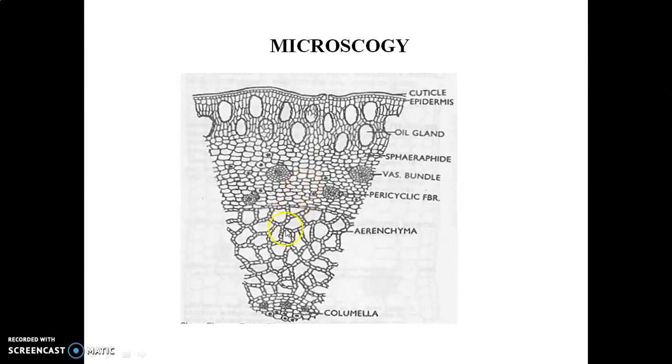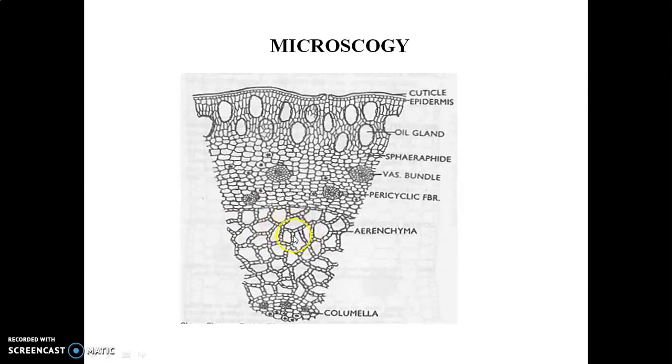Then regarding the lower zone, also called the inner zone, it consists of parenchyma composed of air spaces. You can see here the spacious arrangement between these parenchymatous cells, which contains the air spaces.